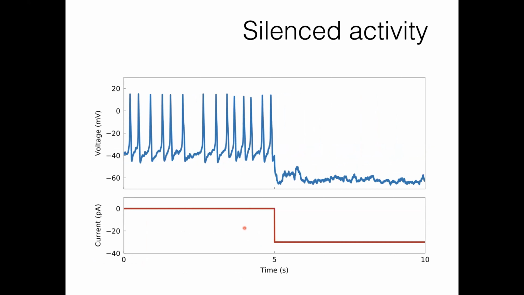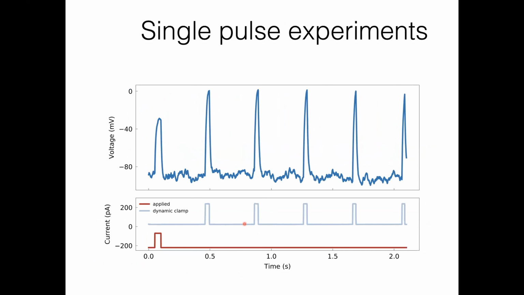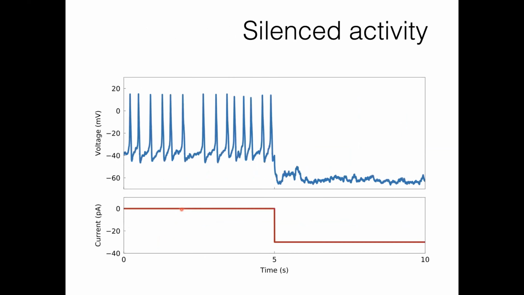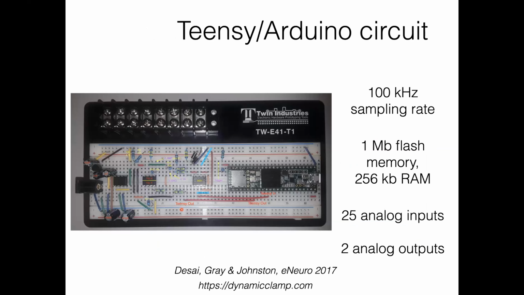Now everything is set up for us to actually run this experiment. Here is the actual experiment. The red here is the applied current, as in standard electrophysiology experiments, where you give a square wave pulse or something else. I give it a little pulse to begin with, and then I switch it off for the rest of the time. In gray, we can see the current being injected by this little chip, the dynamic clamp.